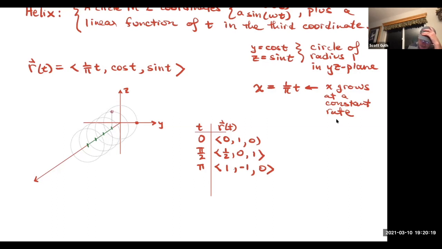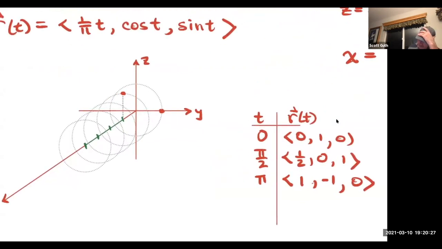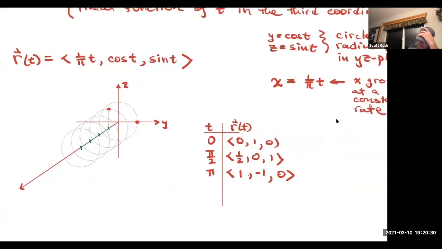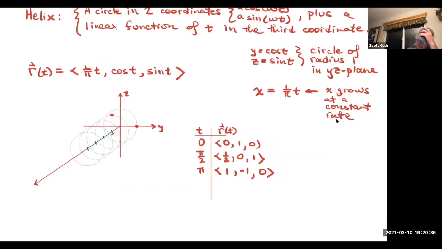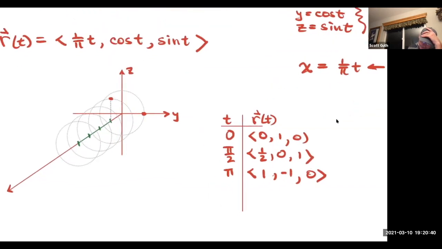That's at pi over 2 right there. Sorry, x is a half there, so that's a half, 0, and 1 on z is what I've got there.